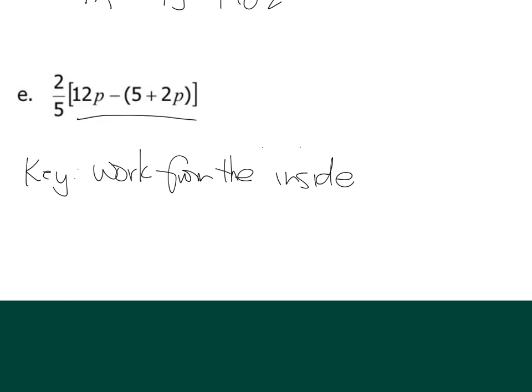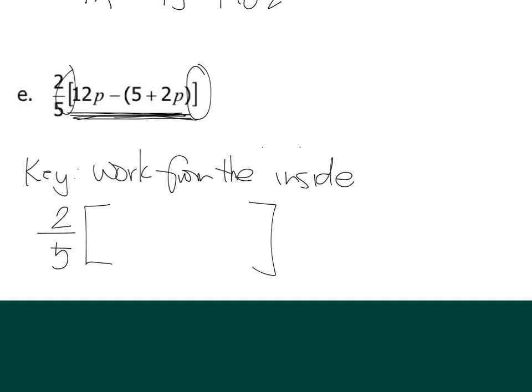So we have to simplify first the expression inside this bracket. So 12p minus (5 plus 2p) will become, okay, so we copy first 2/5, but what will happen inside will be 12p minus 5 minus 2p. So note how this expression is simplified to minus 5 and then minus 2p.